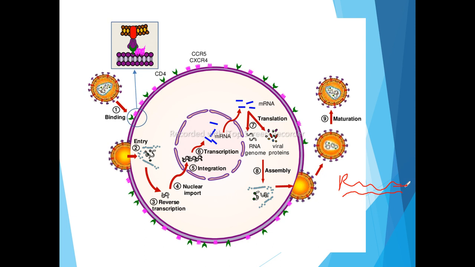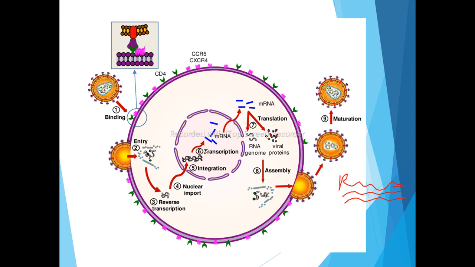Once this complementary DNA is made, it will undergo replication, in which it will become double-stranded. Once this double-stranded viral DNA is made, it will leave the cytoplasm, the cell cytoplasm, and go into the nucleus.